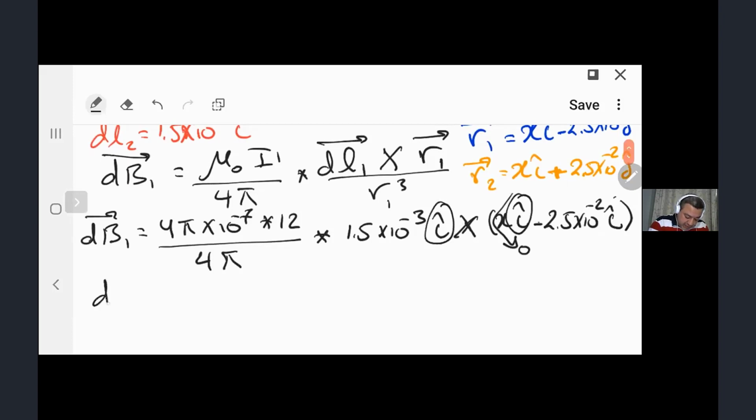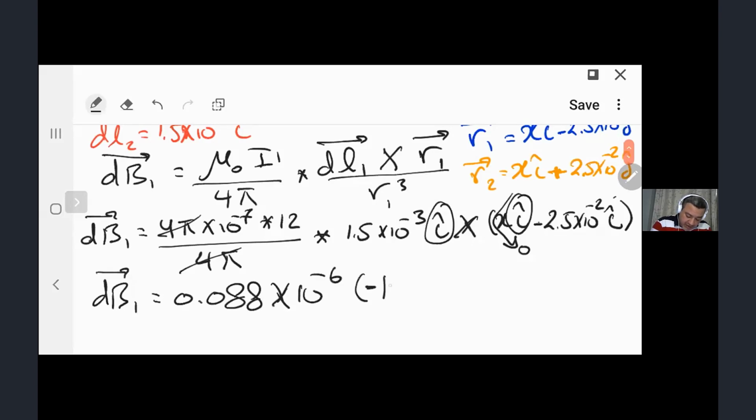So dB1 equals, if you work out the calculation here, paying attention that i hat cross minus j hat is going to give you minus k hat, the magnetic field here will be 0.088 times 10 to the power minus 6 minus k hat Tesla.